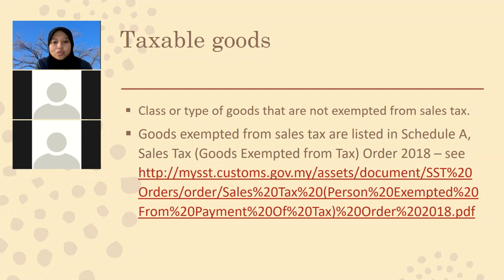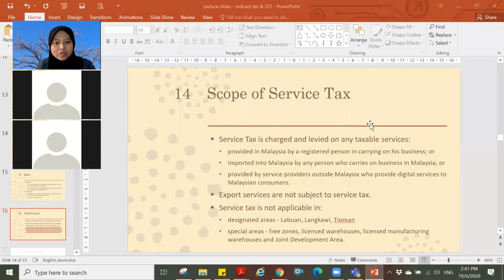So if you want to look at the list of exempted goods, this is the link I'm going to show you here.